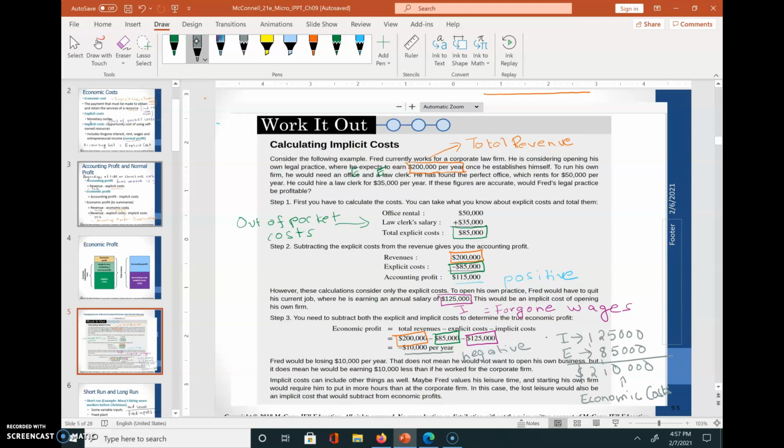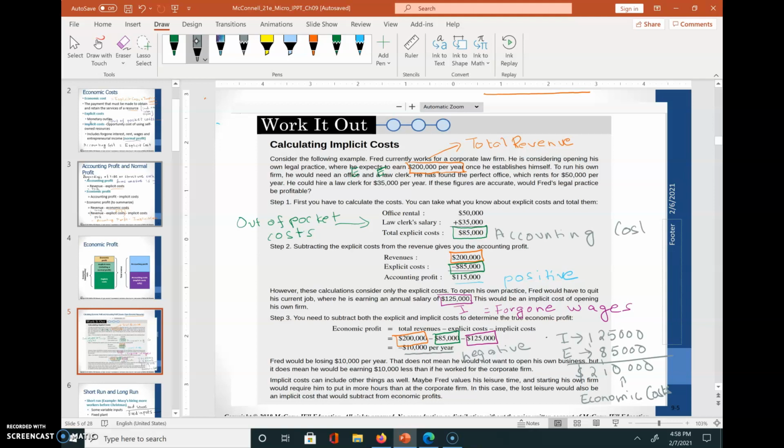This makes sense because the economic cost, which is 210,000, is much greater than the accounting cost, which is 85,000.